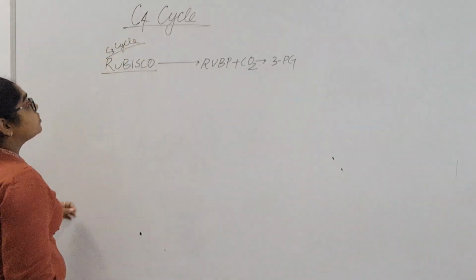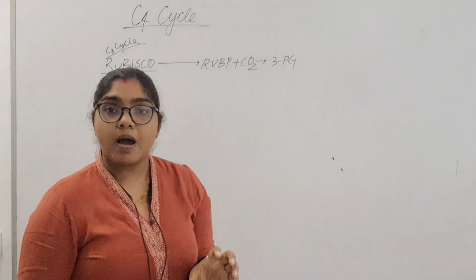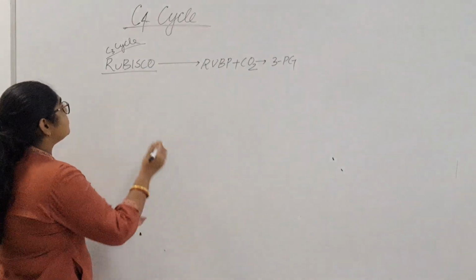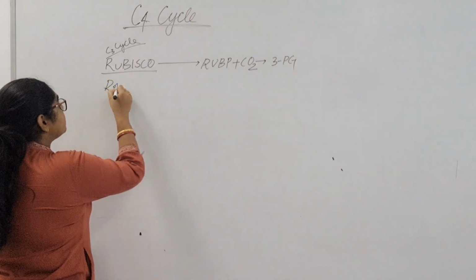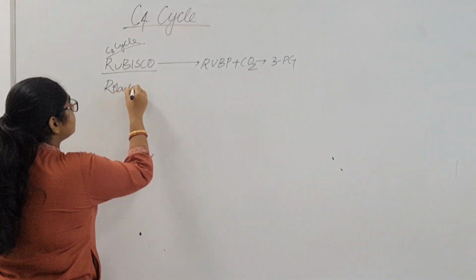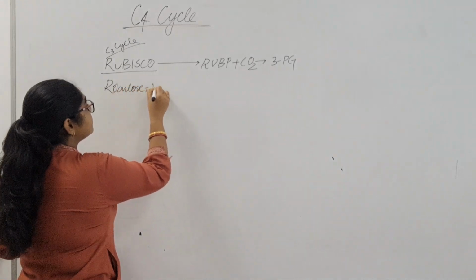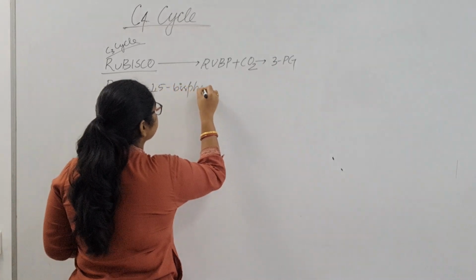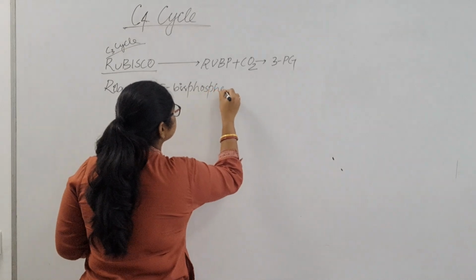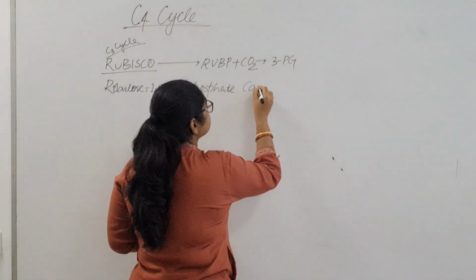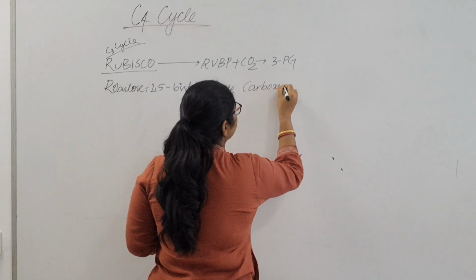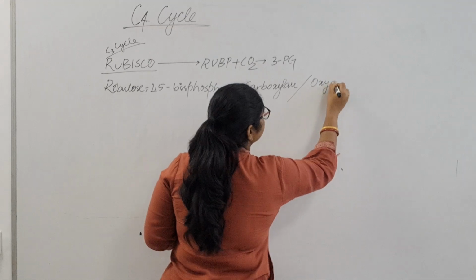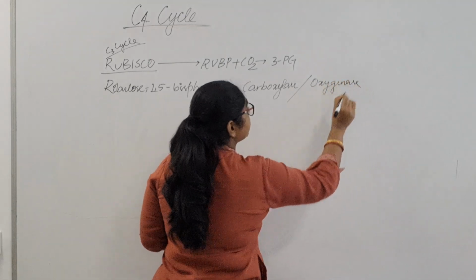RuBisCO is the most abundant enzyme found in the world, and the full name of RuBisCO is ribulose 1,5-bisphosphate carboxylase or oxygenase.